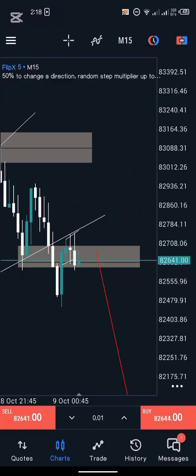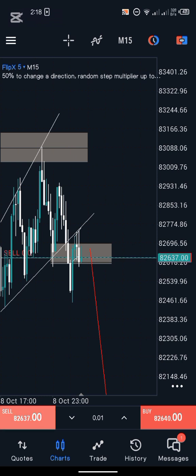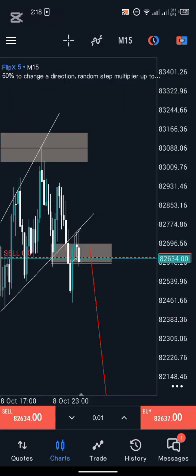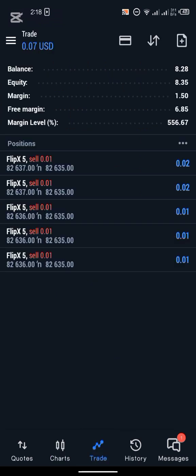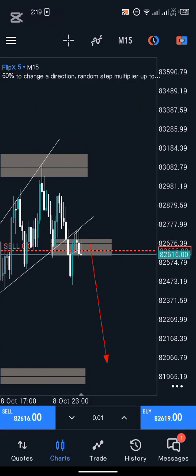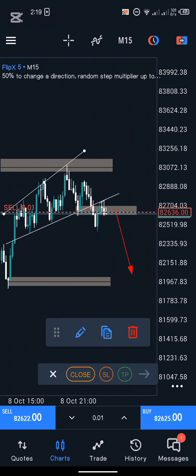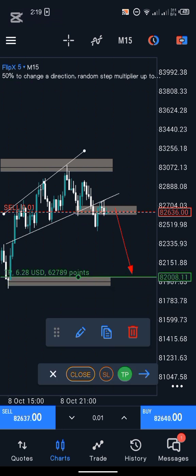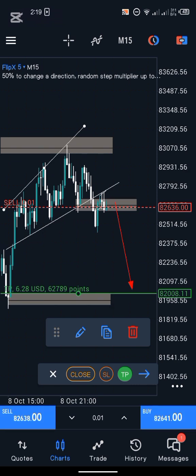But before price sells, we know that when price is creating a candle, it creates a wick. So we wait for price to create its wick. That's why we haven't entered yet. So as price was creating its wick, now it's time for us to enter. So I am entering this trade. Actually, I've entered the trade now.